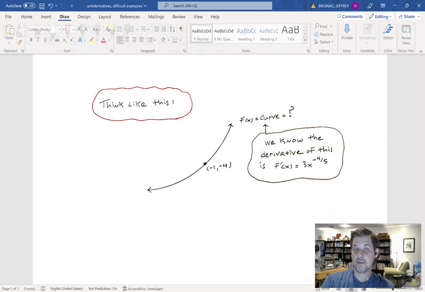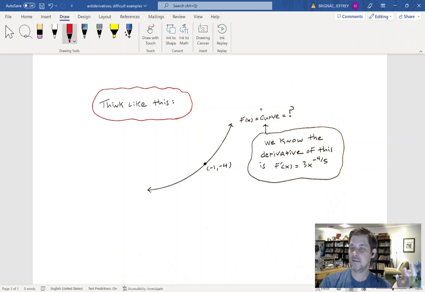And I could see it as that I'm looking for this: what is the equation of that curve? All right, so we boiled it down to that. We know the derivative of this function, and we know this point satisfies that function, that this x and that y fit and work in that function's equation.